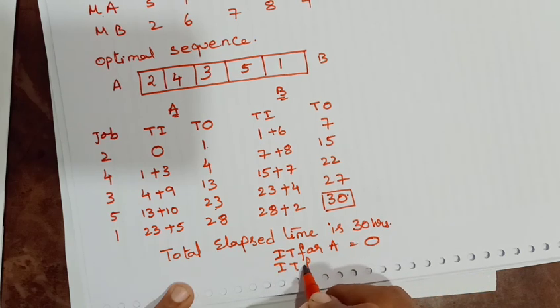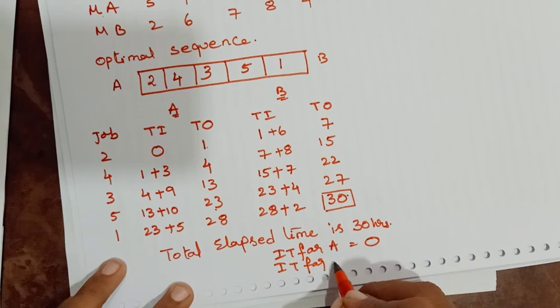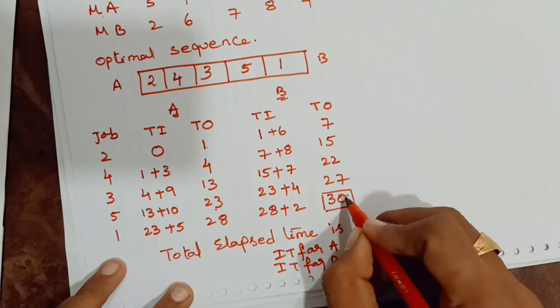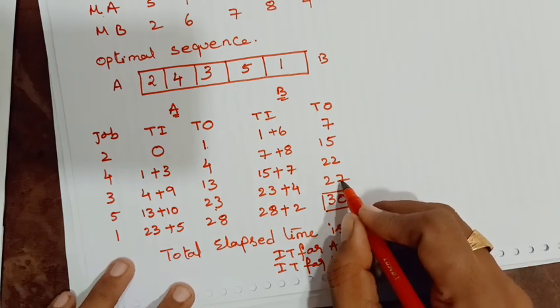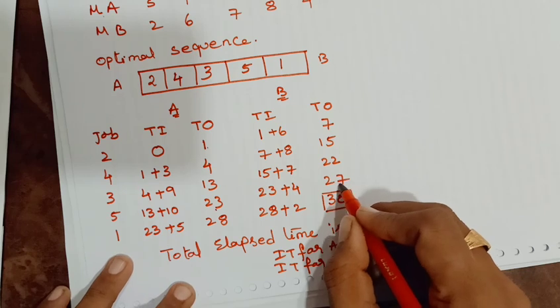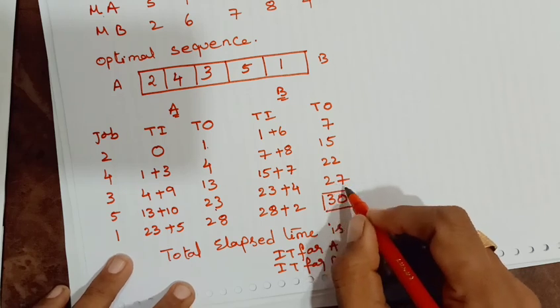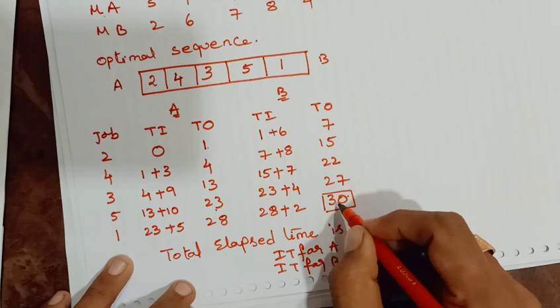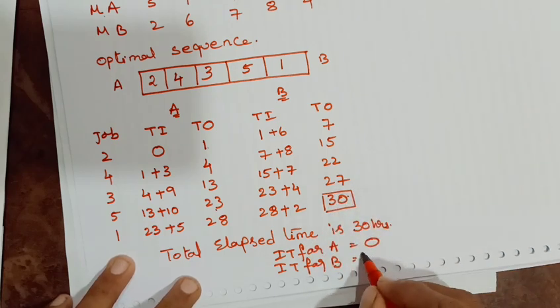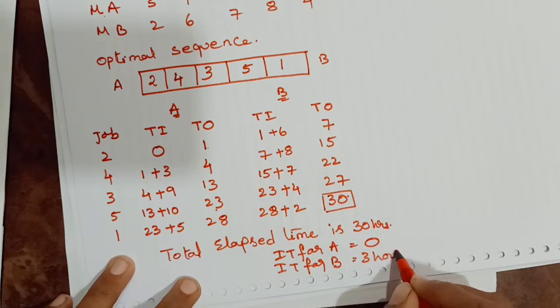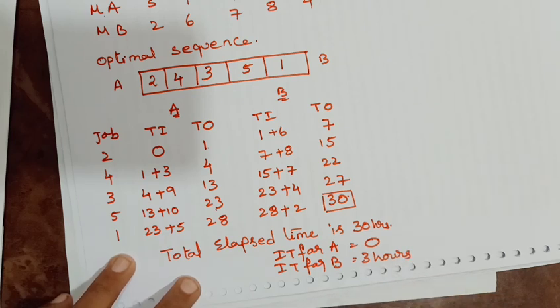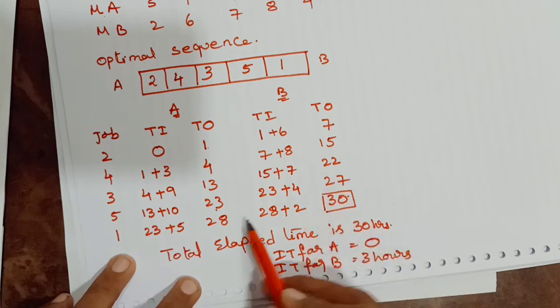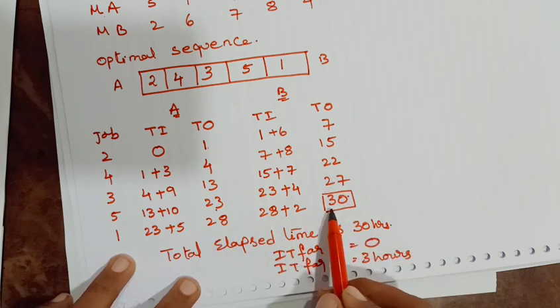Idle time for machine B: before the process, there is a 3 hour gap left, so I can take these 3 hours as idle time for machine B, because 27, 28, 30.